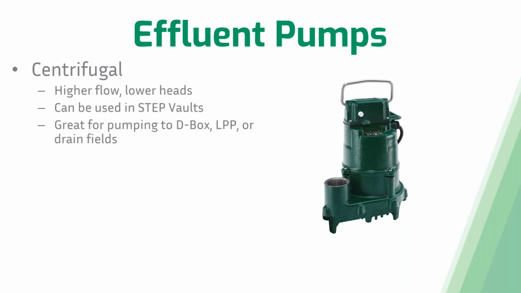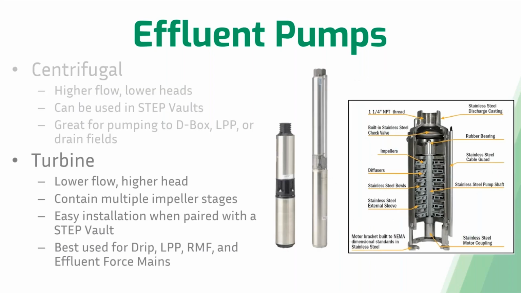Now, the pump that you would typically use in a higher head application is going to be a turbine effluent pump. These pumps typically put out lower flows, but have higher head capacities when compared to centrifugal pumps. You can typically get these pumps that can handle up to about 400, 500 feet of head, which is much higher than your standard centrifugal.